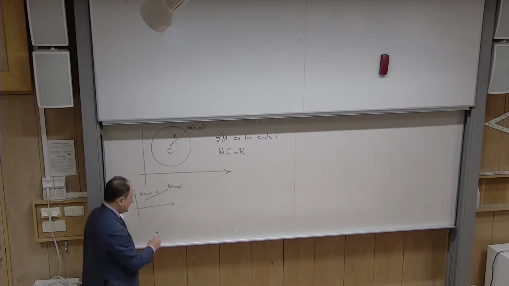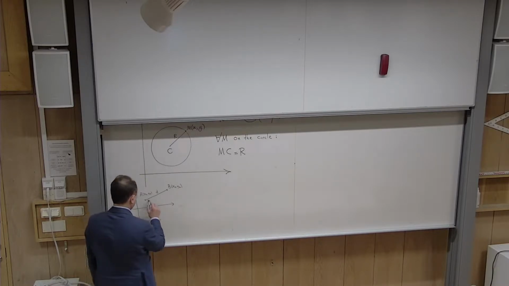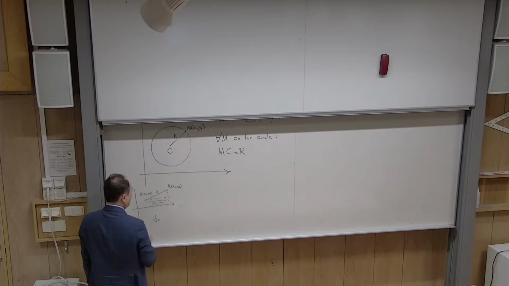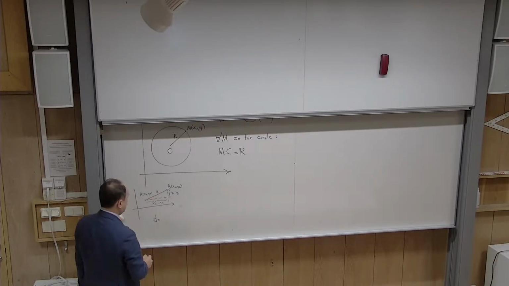You can calculate it by making a triangle, using the Pythagorean theorem. From here to here is x2 minus x1, and from here to here is y2 minus y1. Then you are supposed to find this distance.